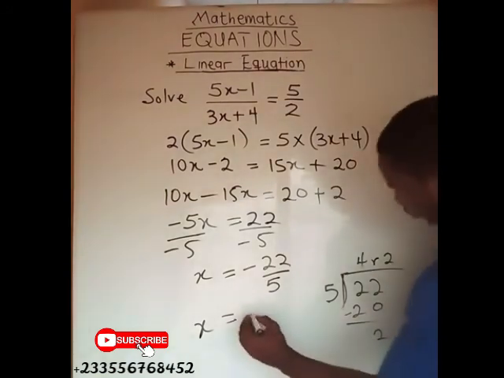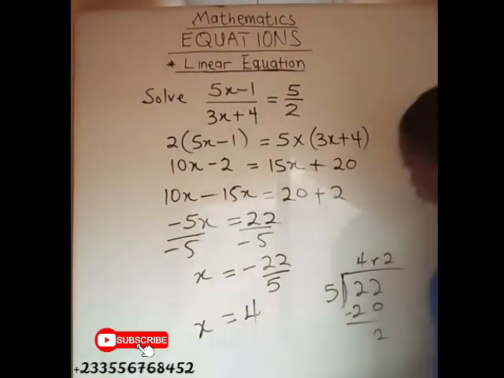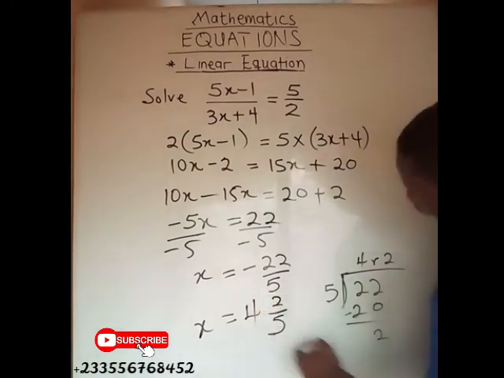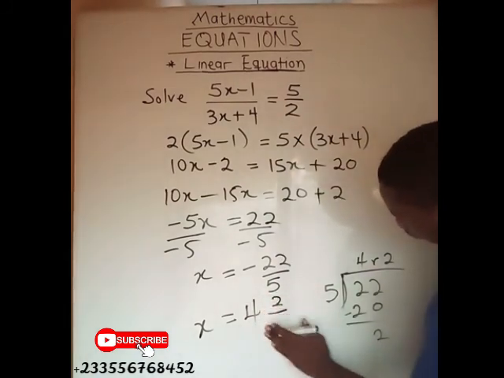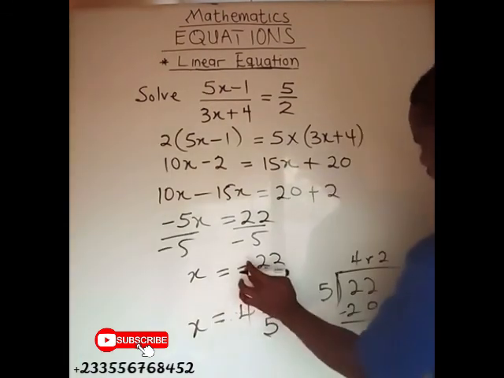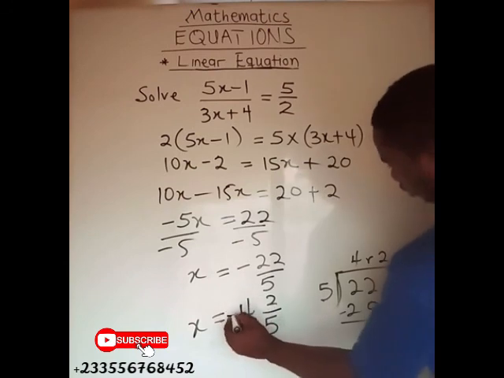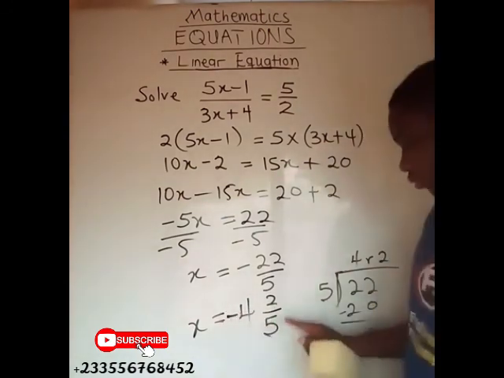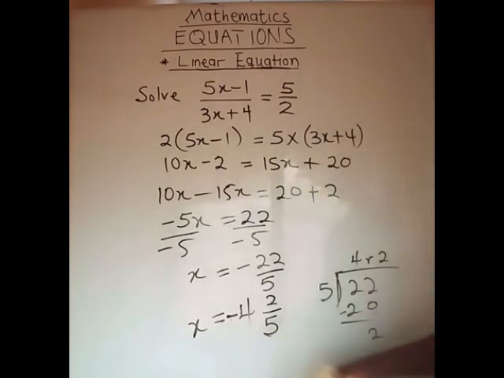So this one will be 4 whole number, the remainder 2 over 5. That's the way we change improper fraction into mixed numbers. The negative that is here goes to this side, so that your answer will be negative 4 whole number 2 over 5.